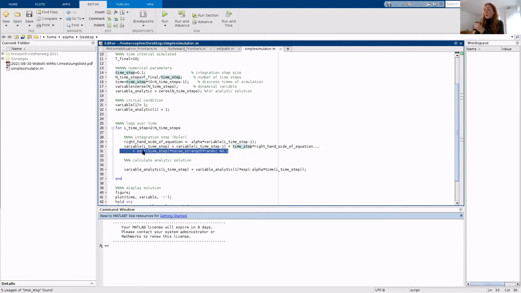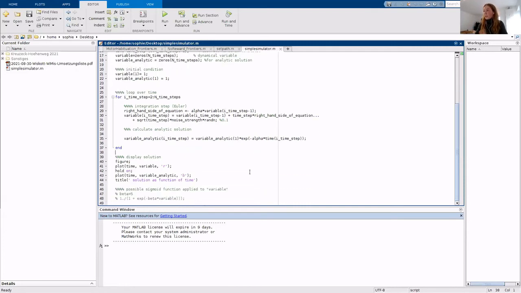You can ignore this because this is for the noise. And our analytic solution is our initial condition times the exponential function with minus alpha times the time at this time step, sorry. Okay. So no magic there, just equations.